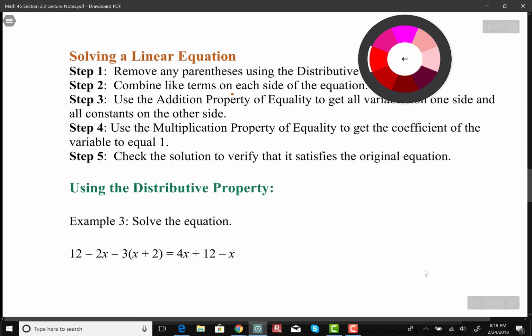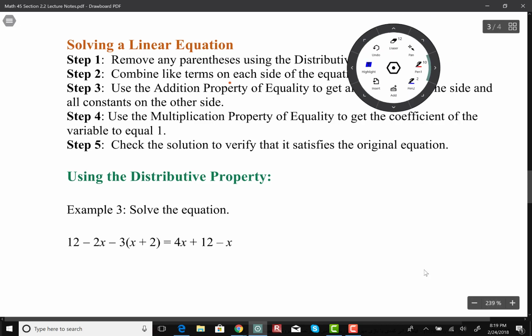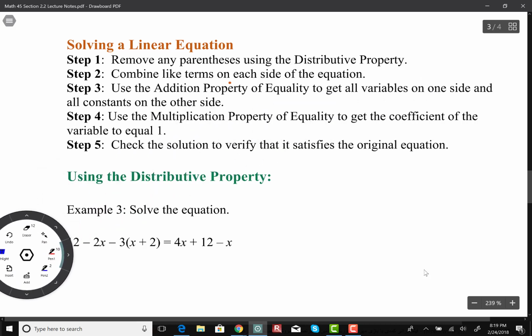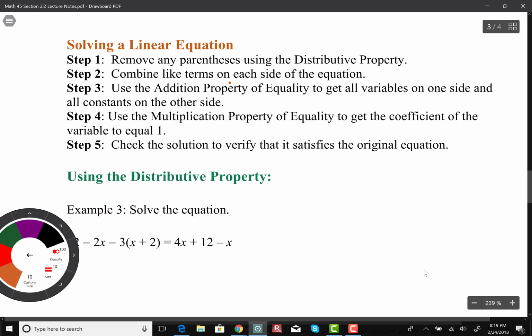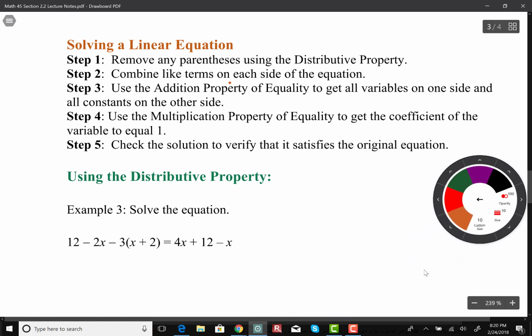Okay, now that we have seen a few examples for solving linear equations, we're going to look at the techniques, the steps for solving a linear equation.